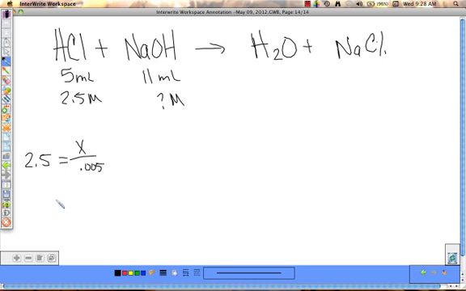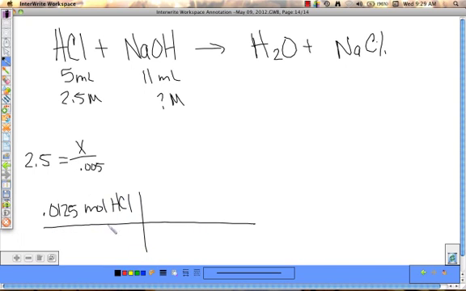Alright, I got it. 0.0125. That's right. And for this reaction, it's a 1-to-1 ratio, but if it weren't a 1-to-1 ratio, you'd have different numbers. So I'm just going to write this in here.